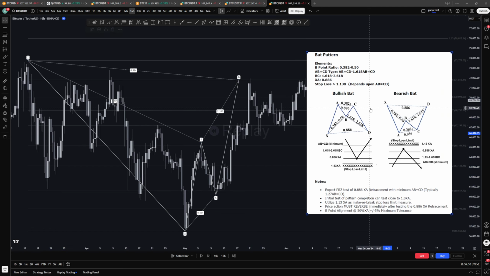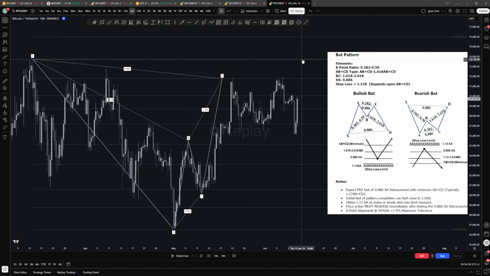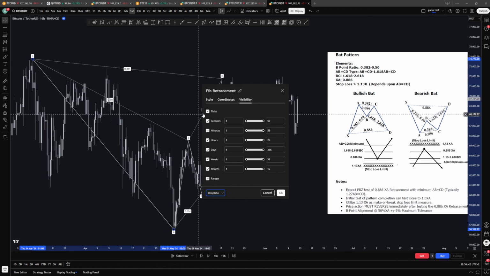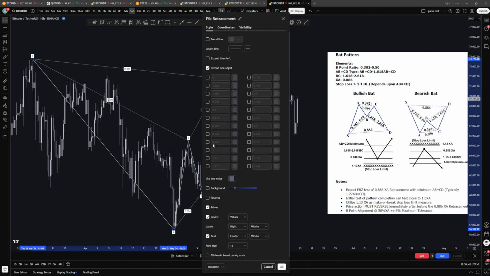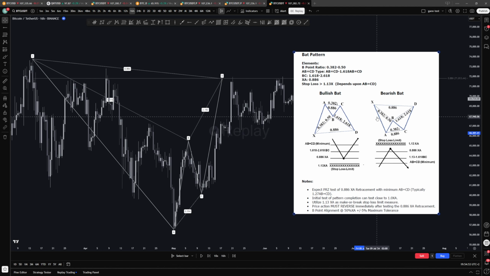So I'm gonna make it a bit more obvious for the example, and I'm gonna make the fib presets empty, right? Except for the ones we're looking for. I'll showcase it fully after this. So, for example, in this case, we're looking for the 0.886. We have a bearish bat, so X to D should be a 0.886 right over there.